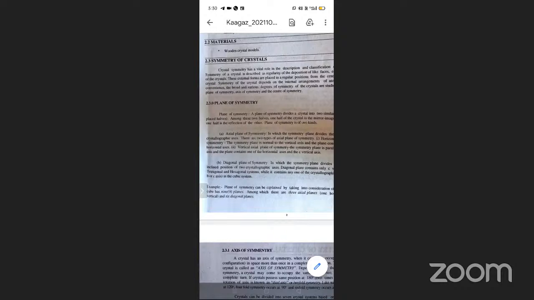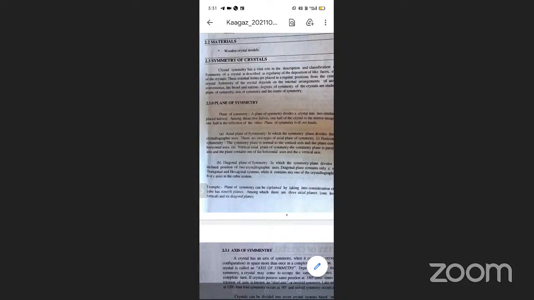You see the differentiation here: in a horizontal axial plane, the symmetry plane is normal to the vertical axis, and the same plane contains two or three horizontal axes.